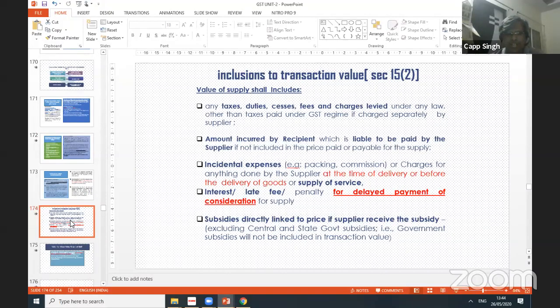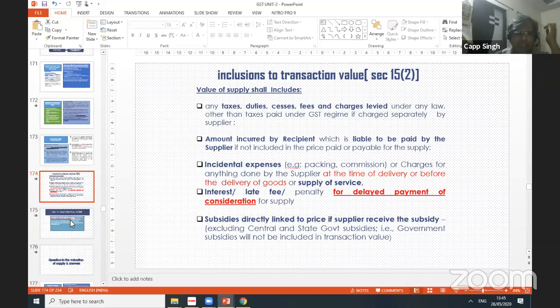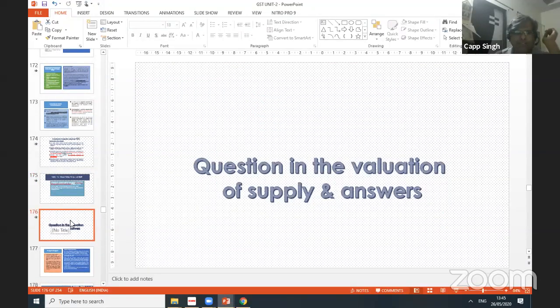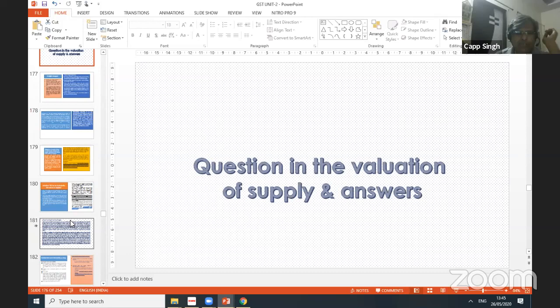Then interest or late payment charges or late fee, etc., which we have received or are to receive, will be included in the value of supply. And subsidy directly linked to price, other than the subsidy provided by the government, will be included in the value of supply. And I am just referring to the exclusion so that it will be clear for all of you.